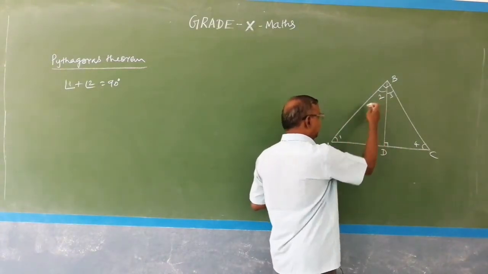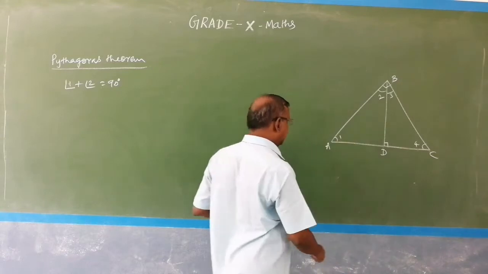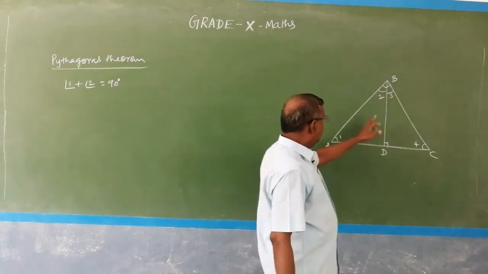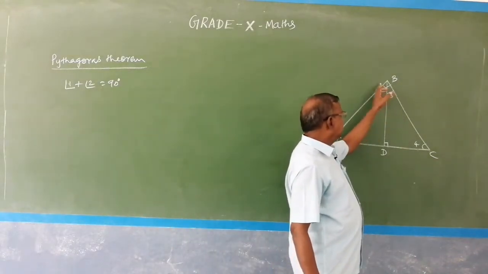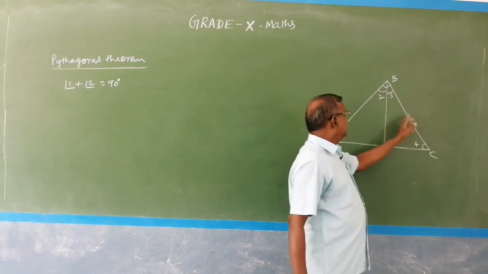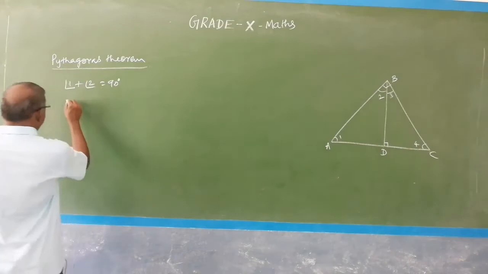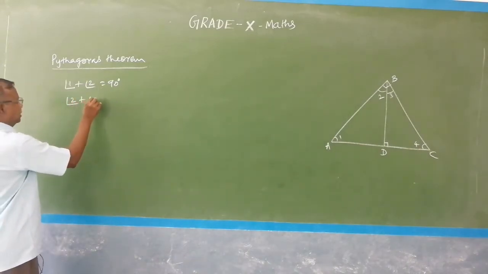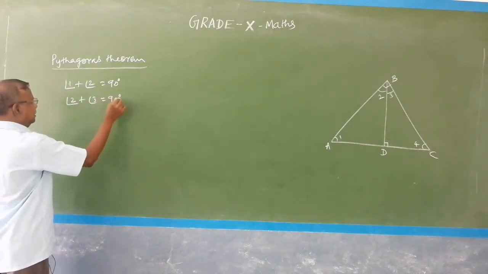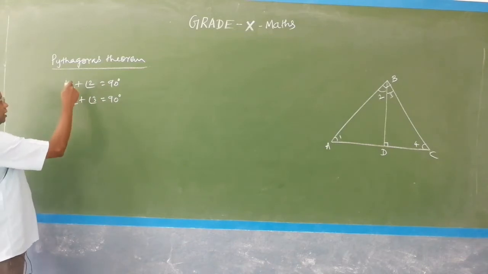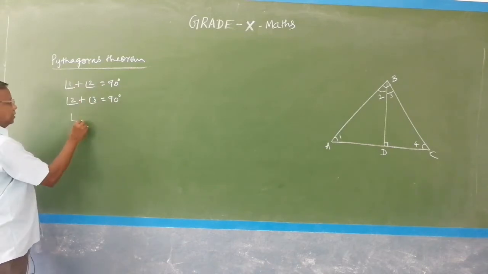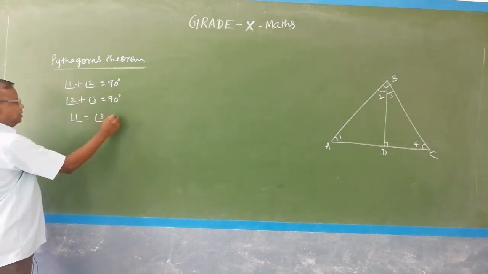By angle sum property, 1 plus 2 equals 90 degrees. Similarly, angle 2 plus angle 3 equals 90 degrees, because angle ABD is 90 degrees. From these two, we have angle 1 equal to angle 3. Say this is 1.